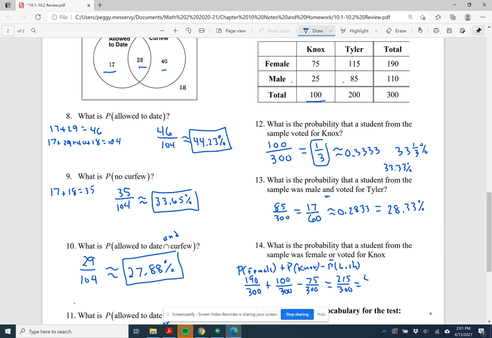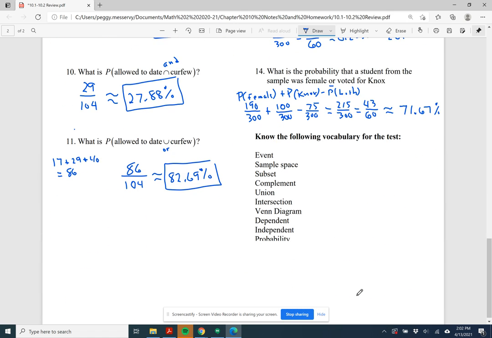So we get 43 out of 60. If we need to change that to a percent, we just do 43 divided by 60. 71 2/3%, 71.67%. Be rounded to 2 decimal places. And that is our answer. And this is going to be the end of the video.